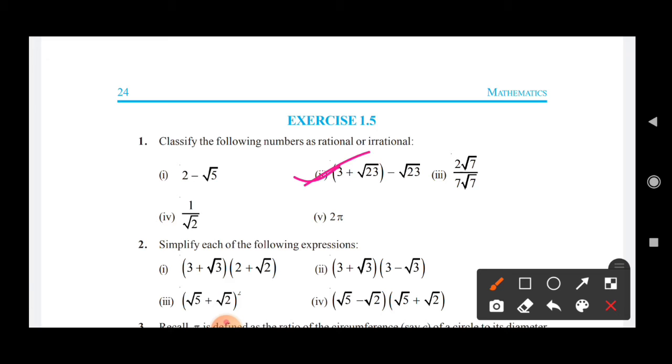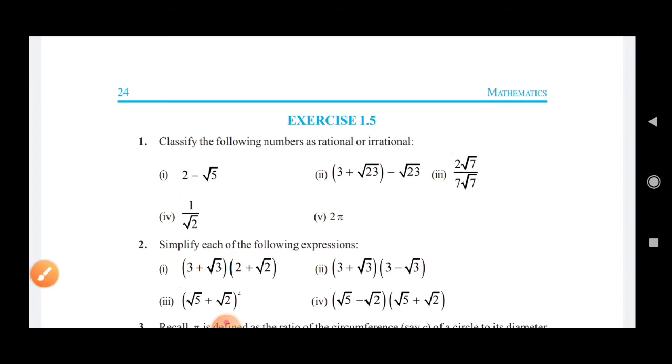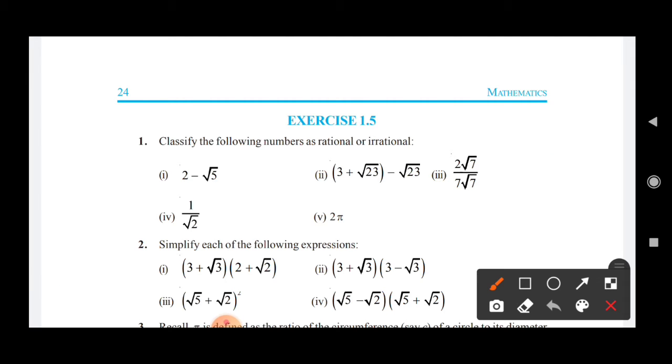And next, number 3: if we cancel root over 7 by root over 7, then we will find 2 by 7, which is a rational number. So number 3 is also rational. And you can see here, though 1 is rational, root over 2 is irrational.